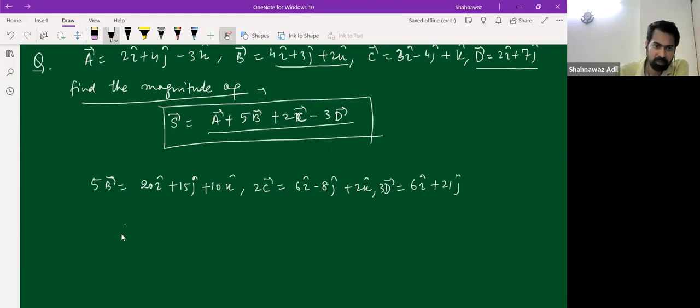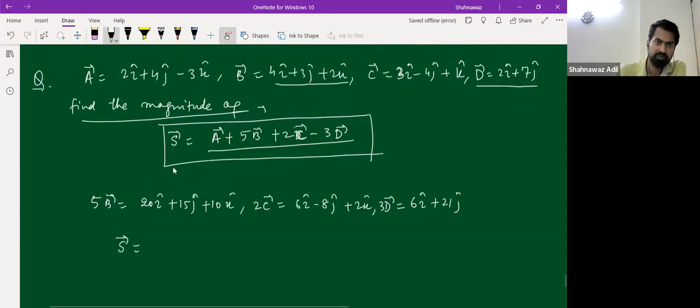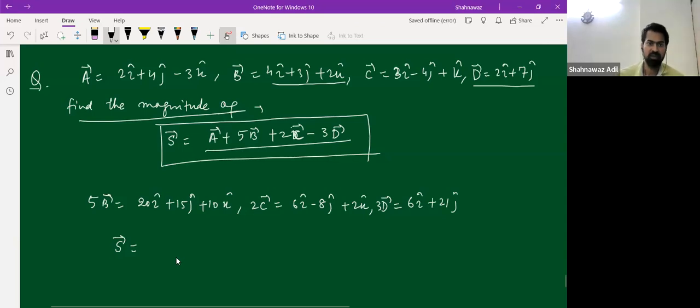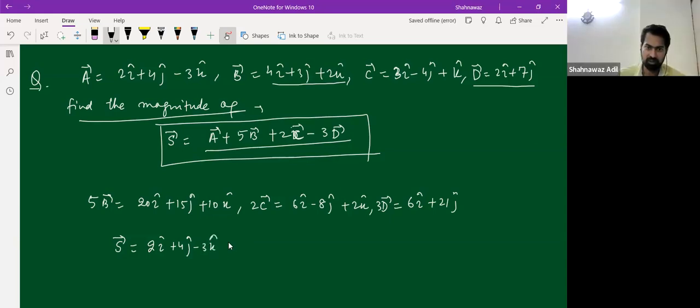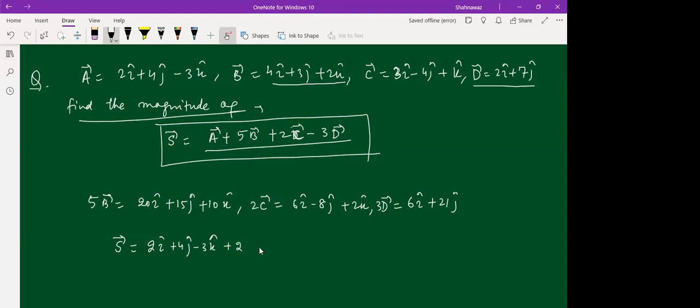So S would be how much, Rishika? 2 I cap plus 4 J cap minus 3 K cap, plus 20 I cap plus 15 J cap plus 10 K cap.